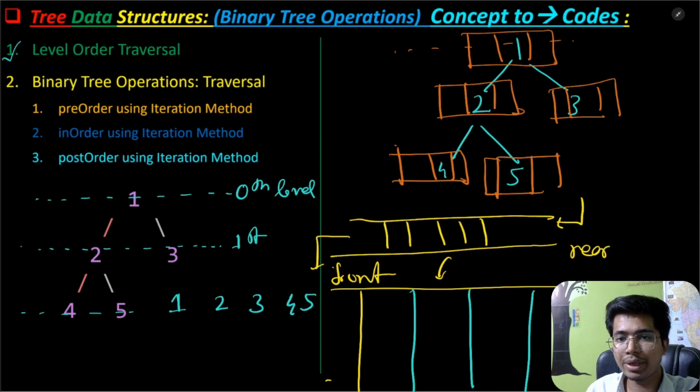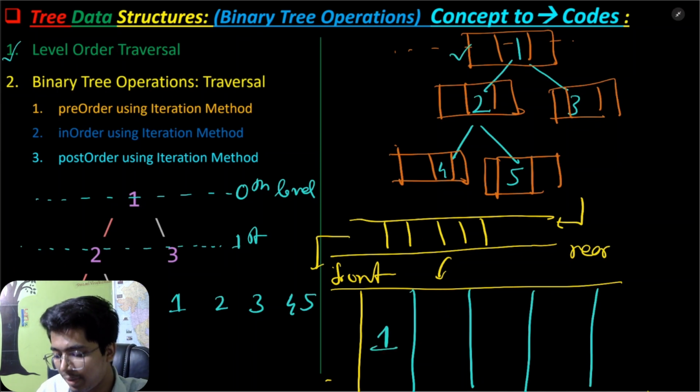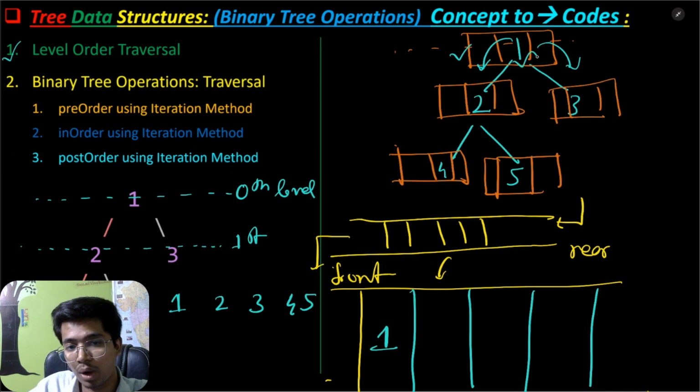Now we'll be inserting the elements into the queue one by one. Notice, first we insert 1. Now we check from here, on both sides, left and right, whether there are more elements.